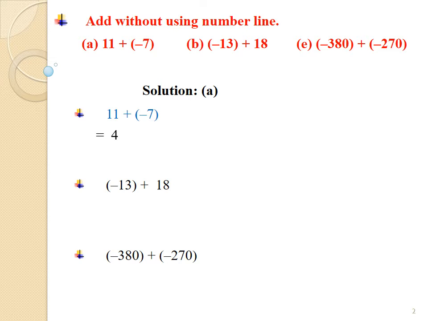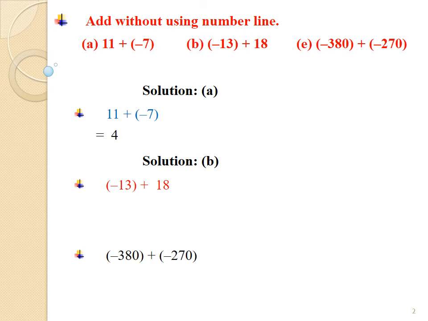Now, sum B. Minus 13 plus 18. Students, in this sum, there are two integers. One is positive and one is negative. That is, minus 13 is a negative integer and 18 is a positive integer.